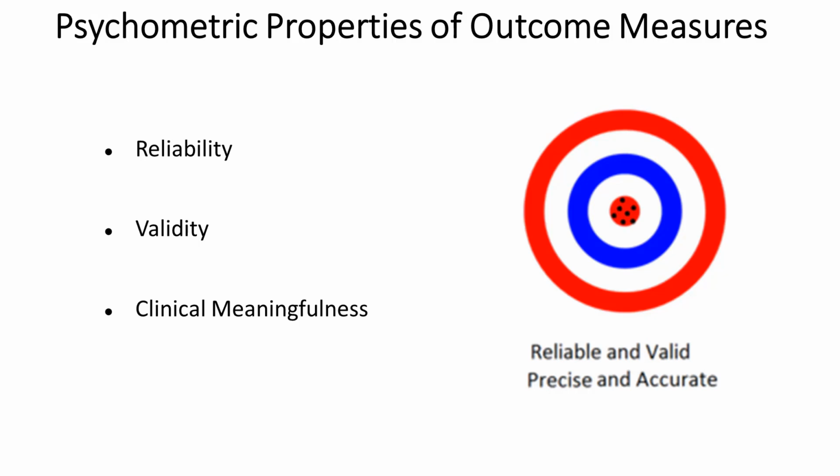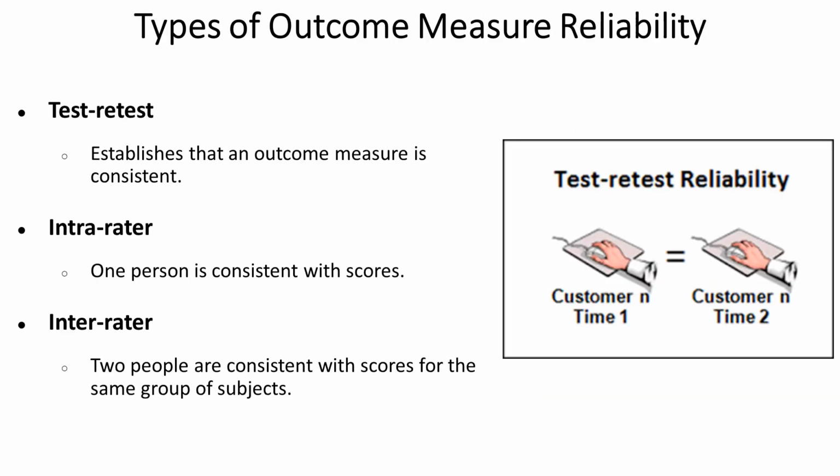Reliability is going to mean that every time you do it, you're going to get a similar result. So it's very reliable. That's going to be important as far as an outcome measure is concerned. Valid means that the outcome measure is really testing what it's supposed to and it's doing a good job at it. Okay, just a little bit of a difference there.